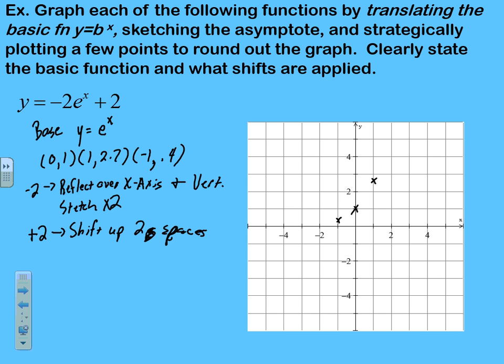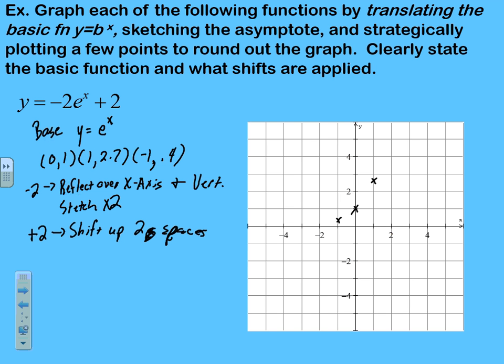Okay, the plus 2, and the 2 of the negative 2 component says we're also going to stretch them vertically.